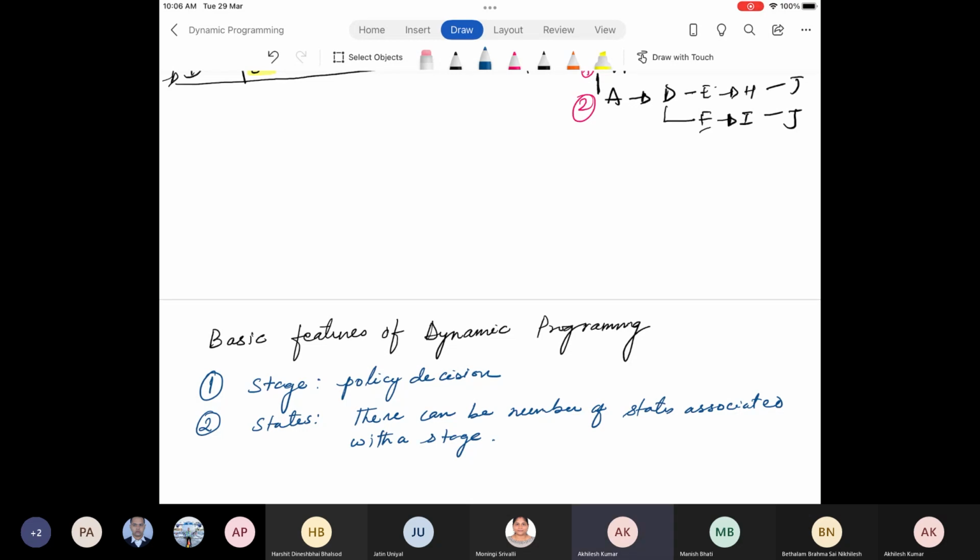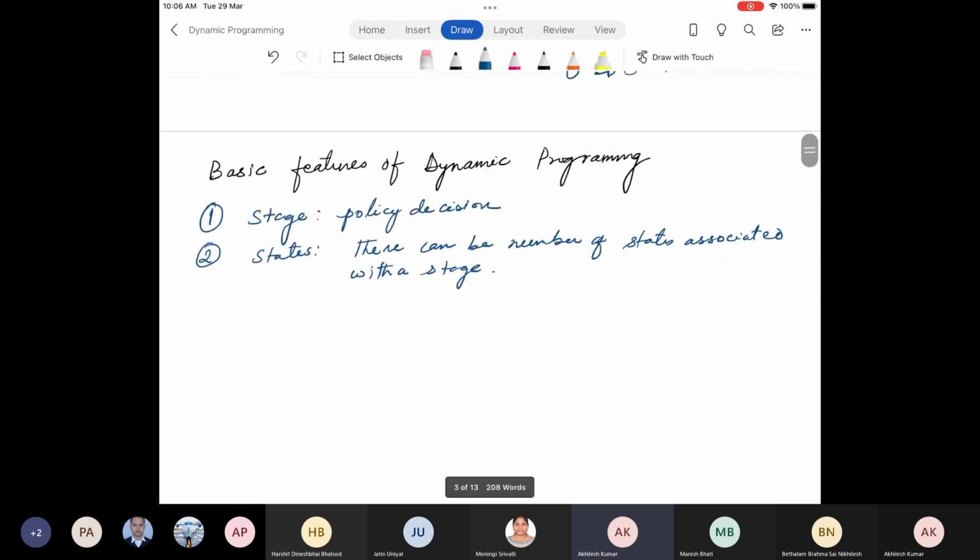So ideally there will be just one path, right? Suppose n equals 1, n equals 2, 3, 4. There is only one state. Do you understand? So there needs to be some number of states in which the process can be in that stage. Then only we have a feature of dynamic programming.